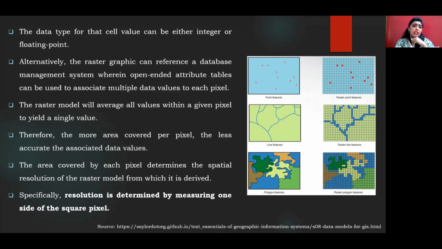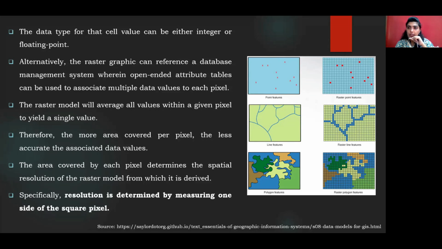For example, say my pixel has some part as vegetation, some part as settlement, some part as road, some part as water body. Now, all the reflective values of all these are different. So then, what to do?